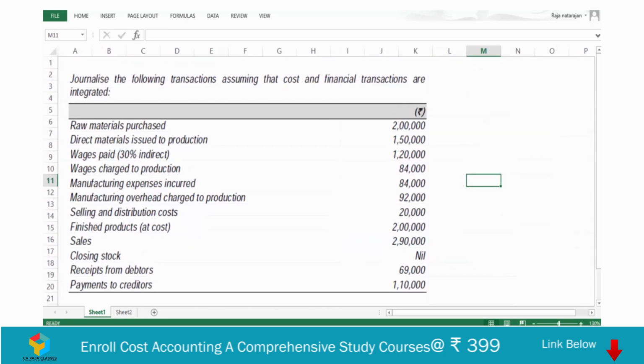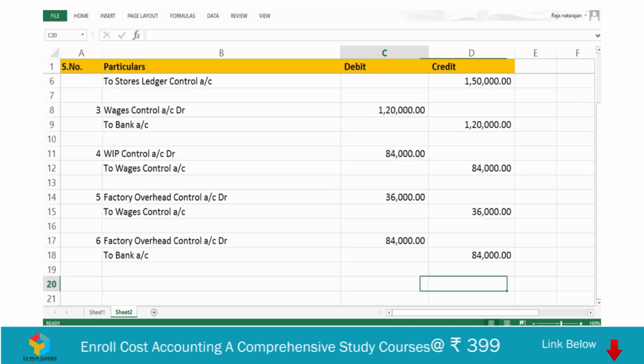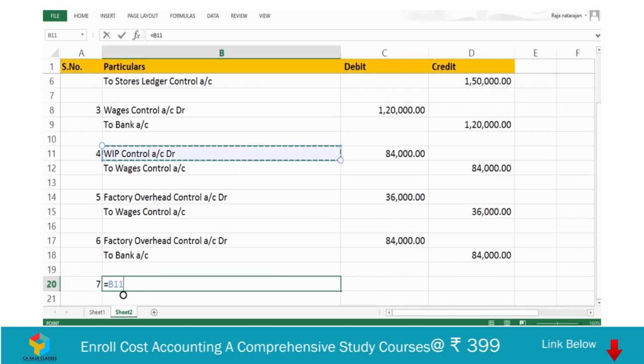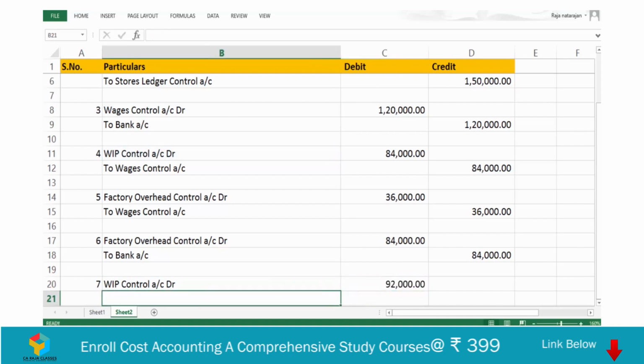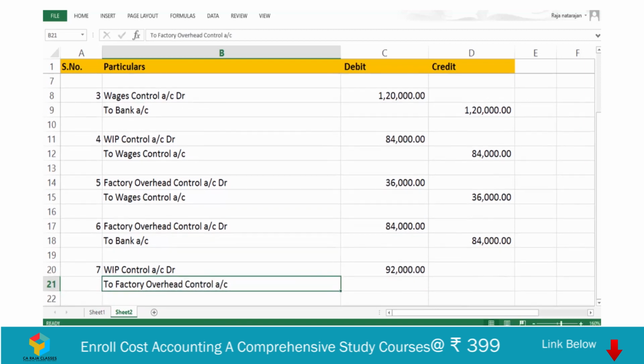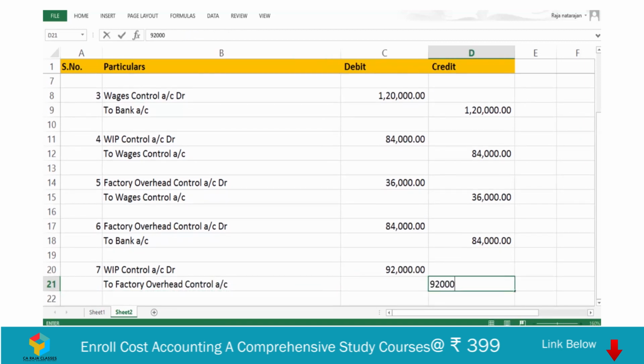Then what else we have? The manufacturing overhead that was charged to production is 92,000. It means work in progress will increase by 92,000 and manufacturing overhead should reduce by 92,000. That's factory overhead. So item number 7, work in progress control account debit, it's going to increase by 92,000, and factory overhead control account will reduce by 92,000.